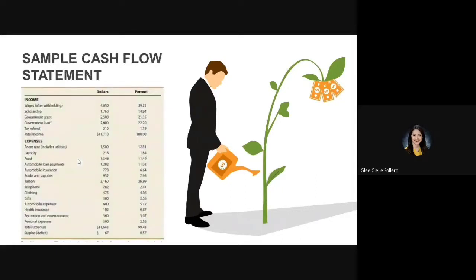Then we have here a sample of the cash flow statement of an individual. Under ng kanyang income, the wages, scholarship, government grant, tax refund, and total income is 11,710, while expenses, meron siyang room rent, includes utilities, laundry, food, ayan.